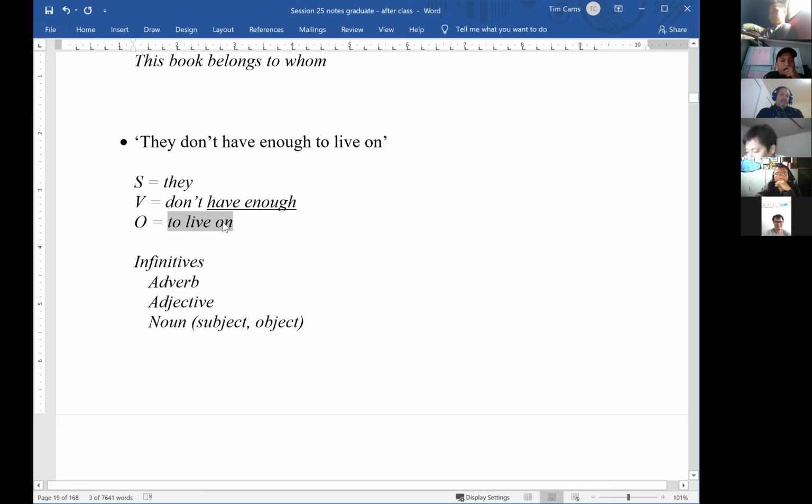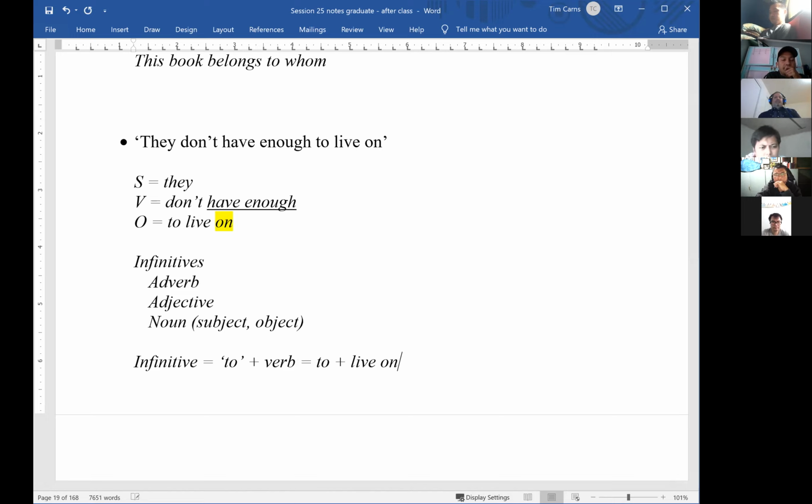The second twist is, notice that preposition on. The infinitive equals to plus a verb, right? And in this case, it's to, and then plus live on is my verb. And that verb is a prepositional verb.